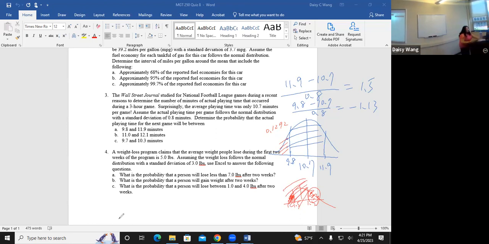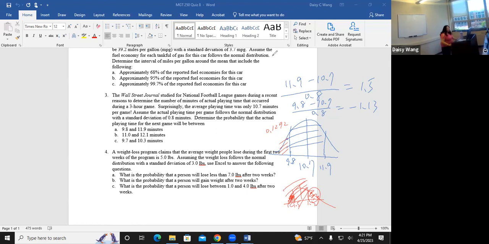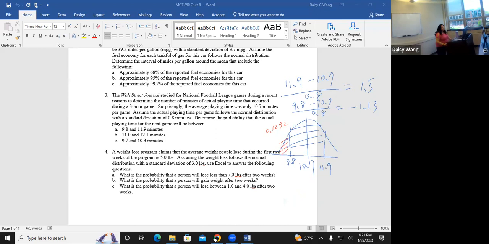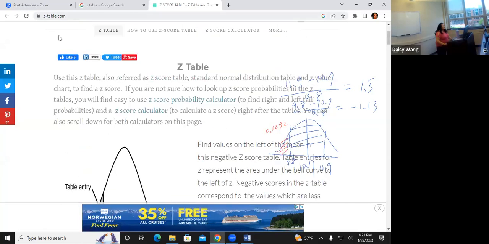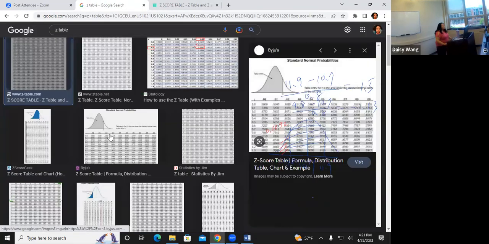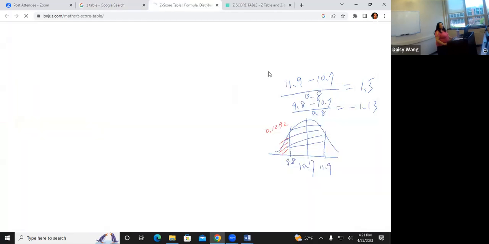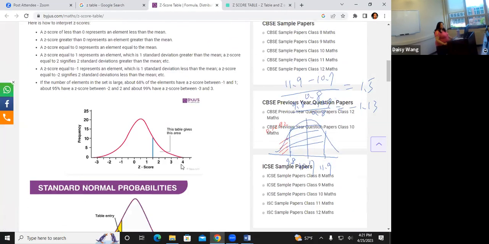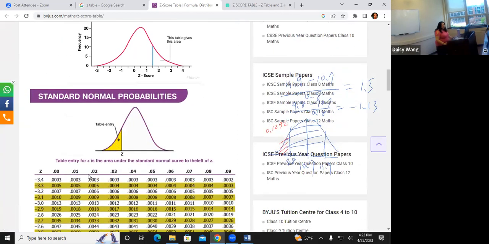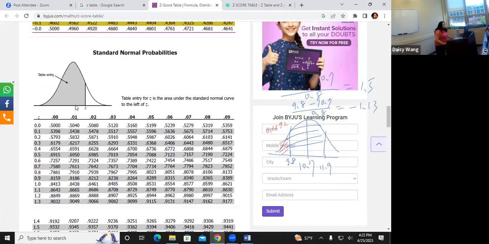But if I have another table, let me find another table. It depends on whatever table we get. If I use this table, you see it shows us the positive numbers, and it shows us the whole area. So we just need to find a positive 1.5.